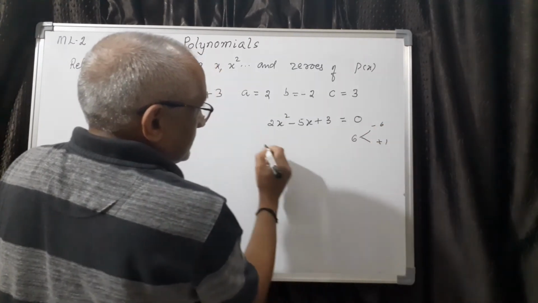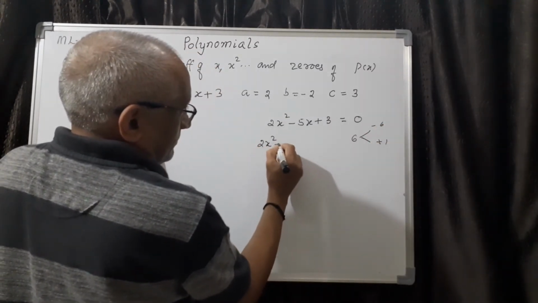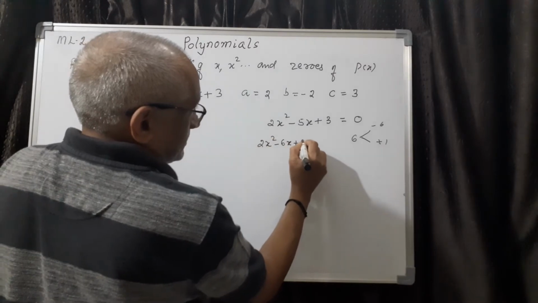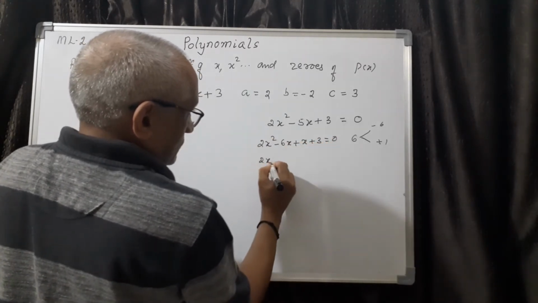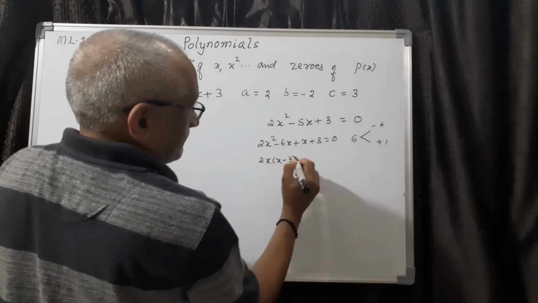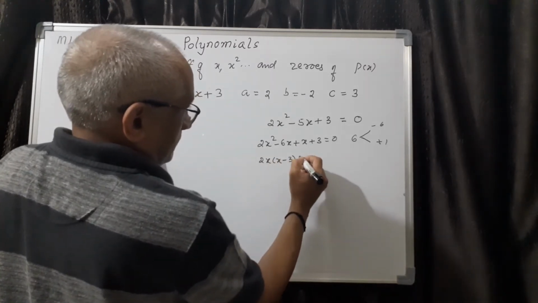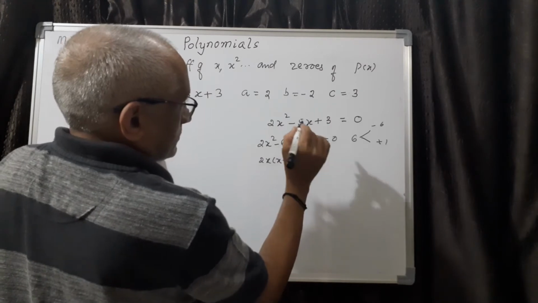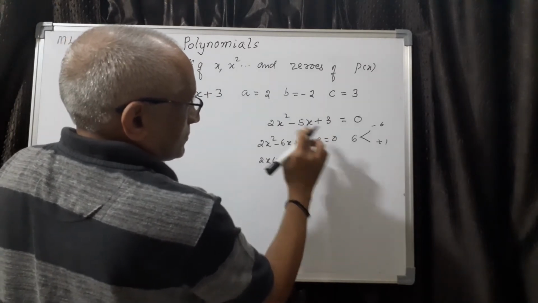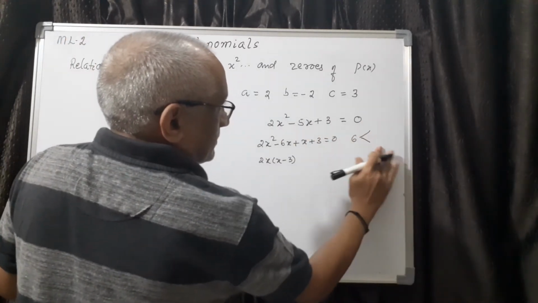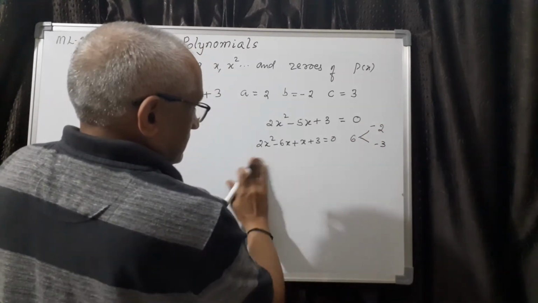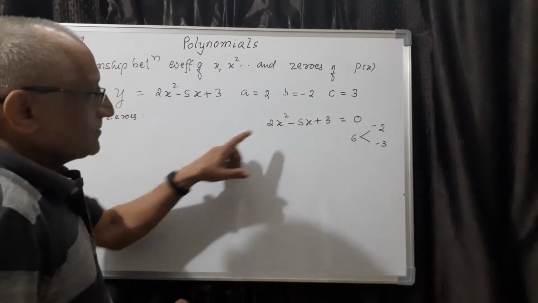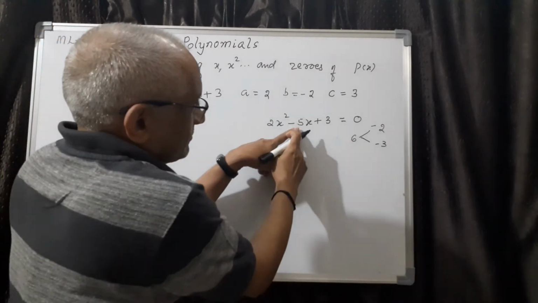So, sorry, this is wrong, minus 2 minus 3 we can take, because 2 into 3 is 6 and here it should be minus 5.